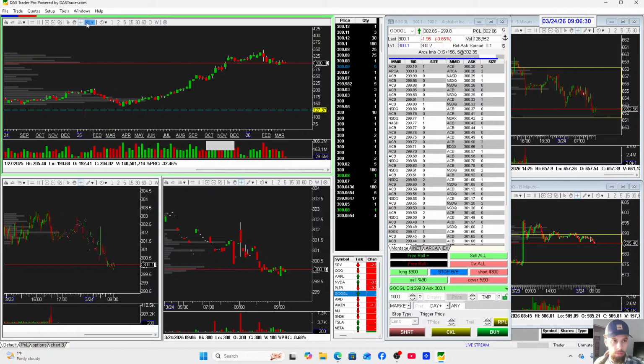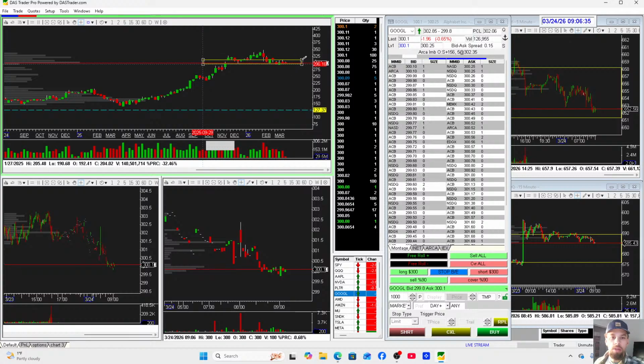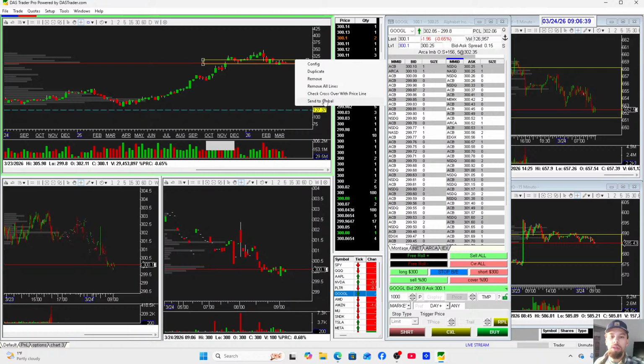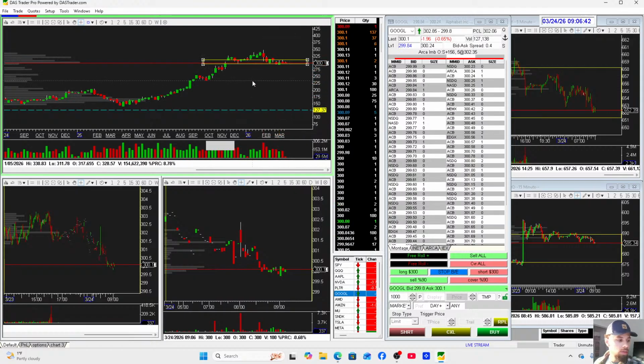Google has no volume here. Area of support 296. Area of resistance I'm drawing 314. It's floating around 300 right now, so it's a really big psychological number.